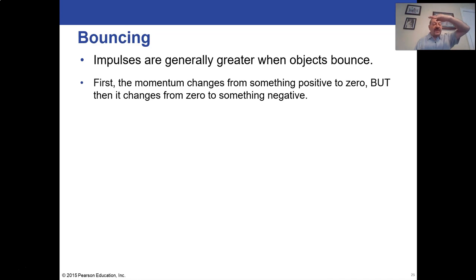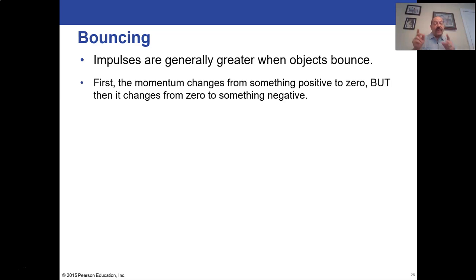Well, if the final momentum is in this direction, but the original momentum was in this direction, and let's say they were the same magnitude, let's say it was 10 kilogram meter per second, and you come in and now you're going minus 10 kilogram meter per second.